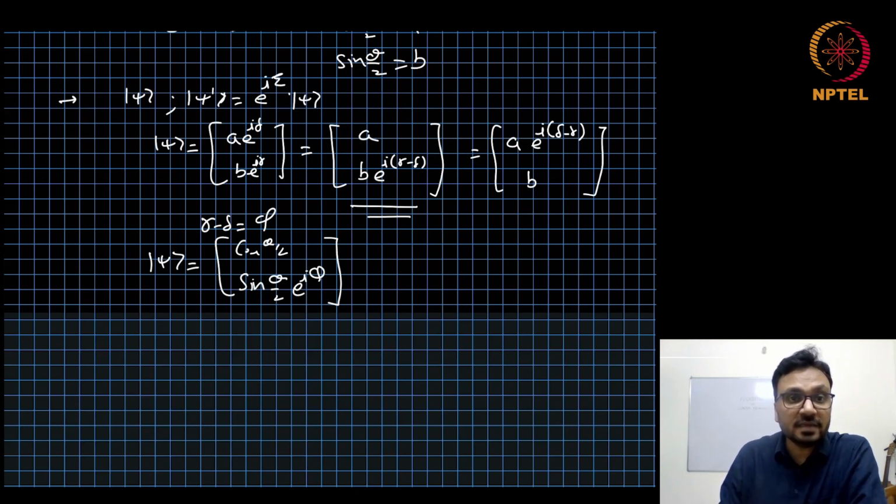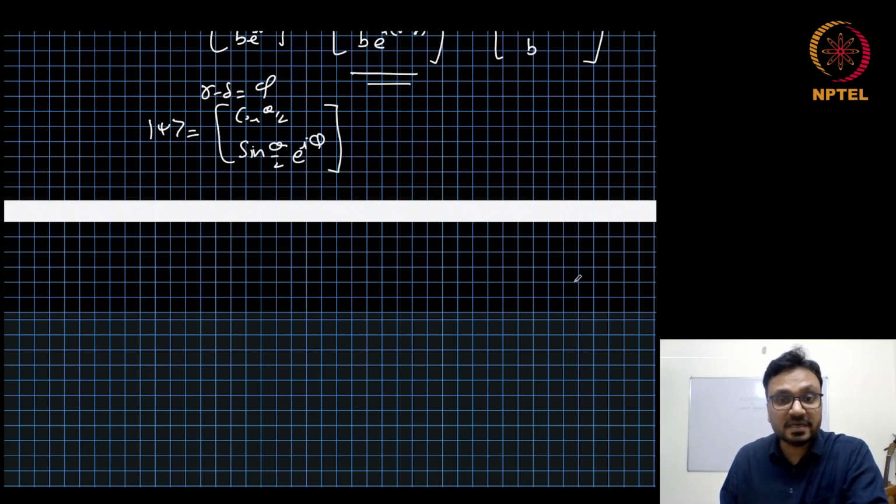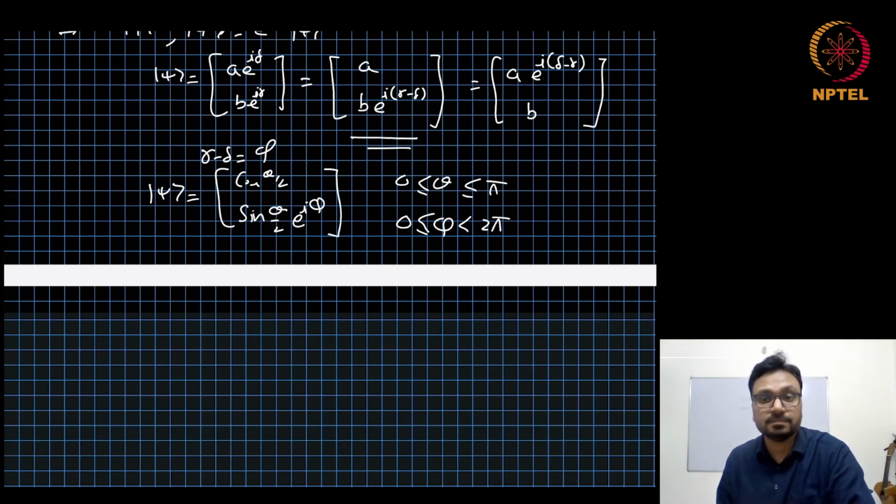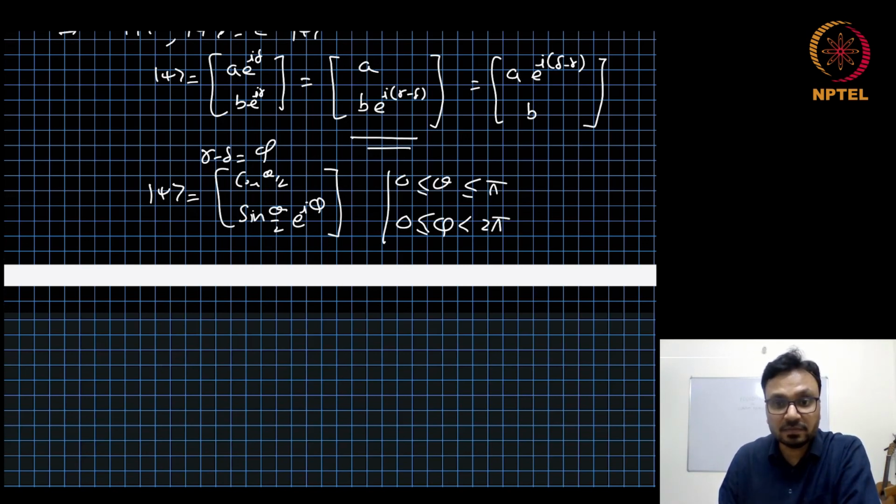So we get a canonical form of a state of a two-level system, and that is cos theta over 2, sine theta over 2 exponential of i phi. Here theta is between 0 and pi, and phi is between 0 and 2 pi. That's just to avoid repetition.